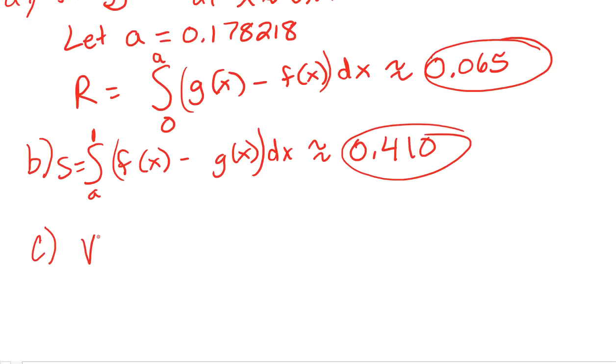So our volume here, if we bring our pi to the outside, so here we're going from a to 1, and again, writing down that a value once, we don't have to keep doing that. So we had our function f of x minus a -1. You can change that, of course, to a +1.